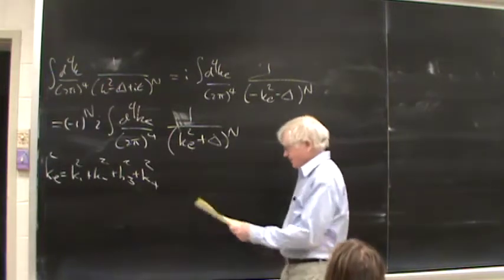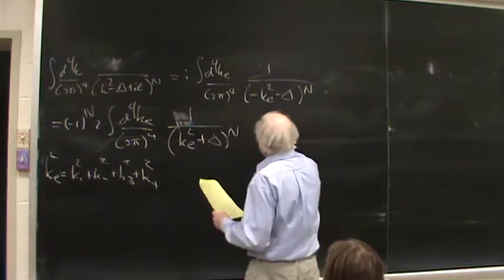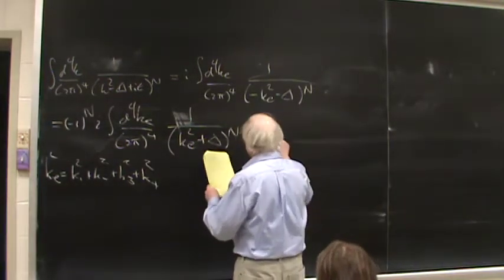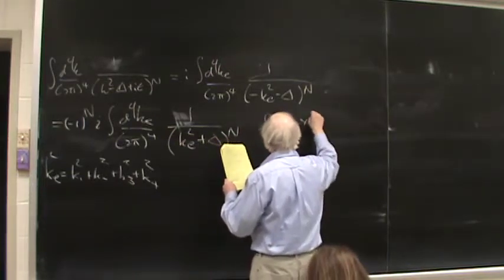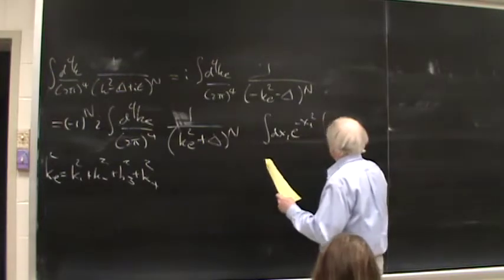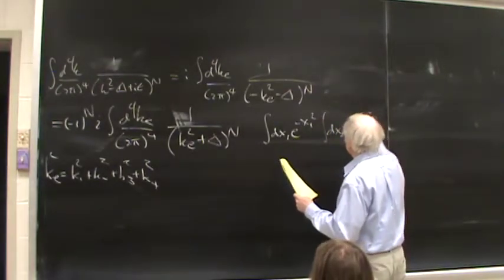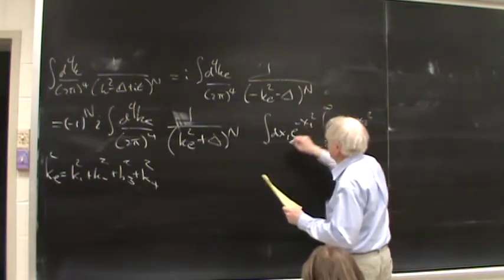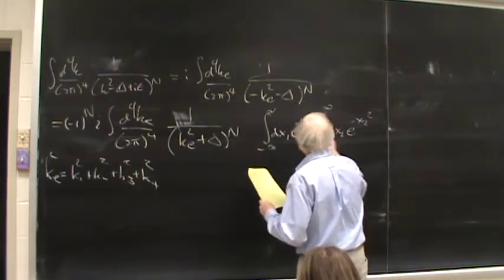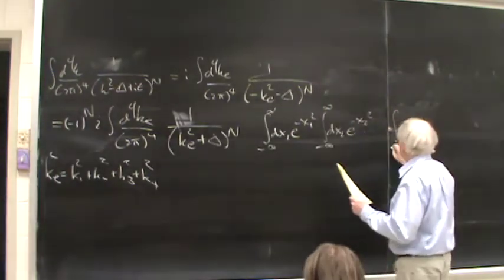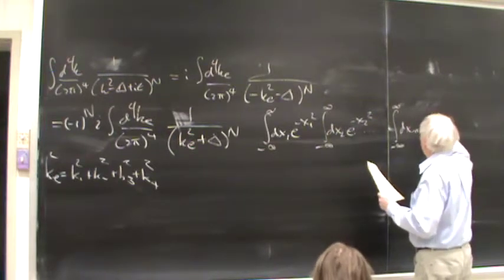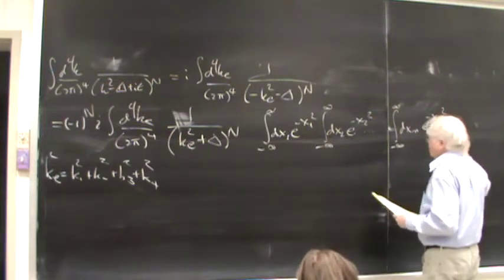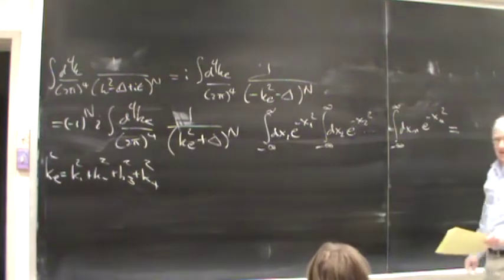Pascal and his trick. Imagine we are in n dimensions. So dx1 e to the minus x1 squared, dx2 e to the minus x2 squared, all from minus infinity to plus infinity. Okay, so what's this?